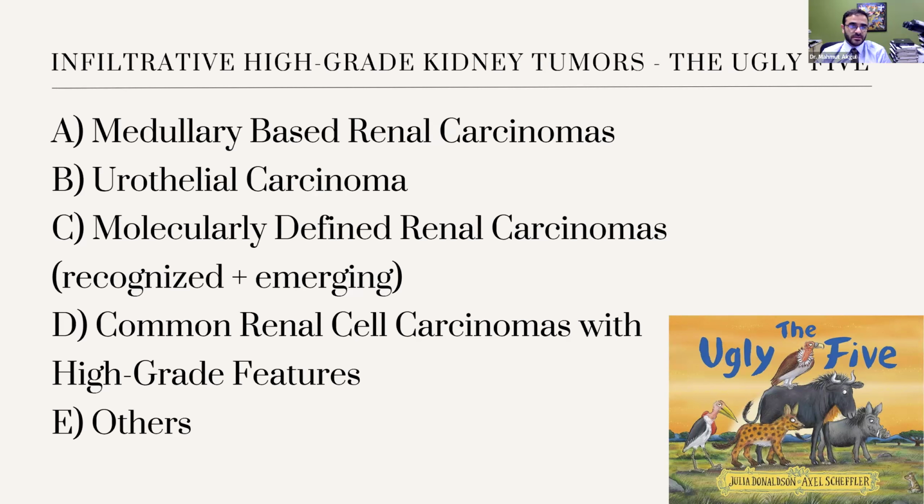We should always remember that the common renal carcinomas can have high-grade features, as I showed you in one of the first few slides. And then after talking about the common renal carcinomas with high-grade features, we are going to talk about other tumors such as angiomyolipomas and metastasis, which can present with high-grade infiltrative morphology.